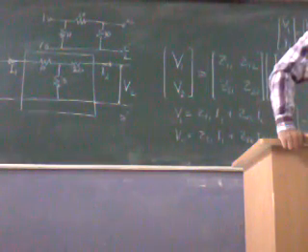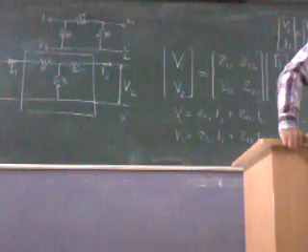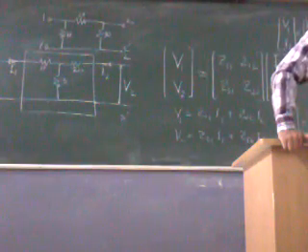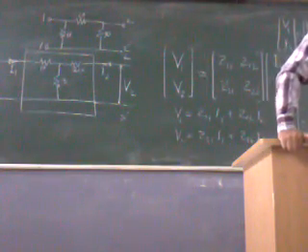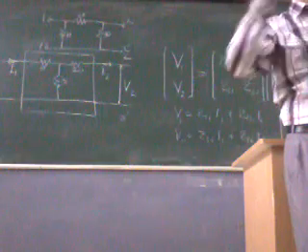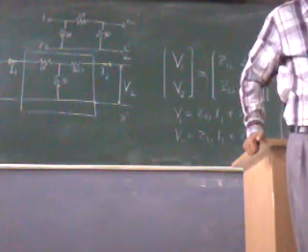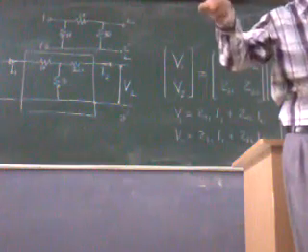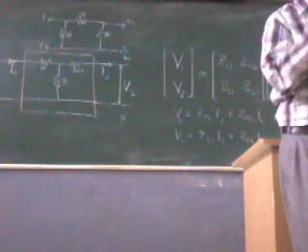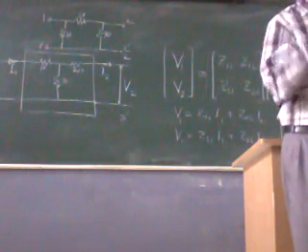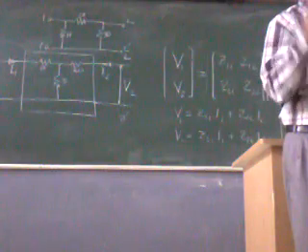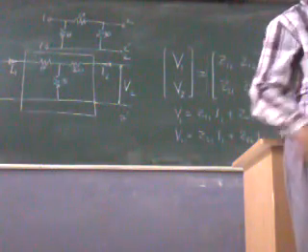So four values can be interconnected with four variables. Four values, two on one side, two on the other side, so there will be a 2 by 2 square matrix, so four parameters. And I have the freedom to express any two on one side, any two on the other side. Out of 16 possible ways, I have chosen 3 ways. So these are Z parameters, Y parameters, H parameters.